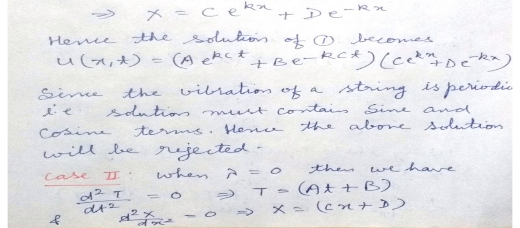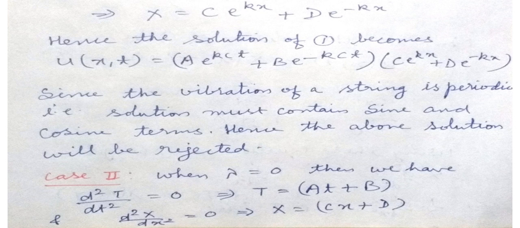So the solution of equation 1 will become u(x,t) equal to (A e power kct plus B e power minus kct) into (C e power kx plus D e power minus kx). Now we know that the vibrations of a string are always periodic. That is, the solution must contain sine and cosine terms. So the above solution will be rejected.